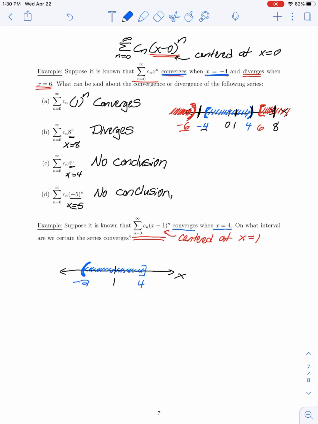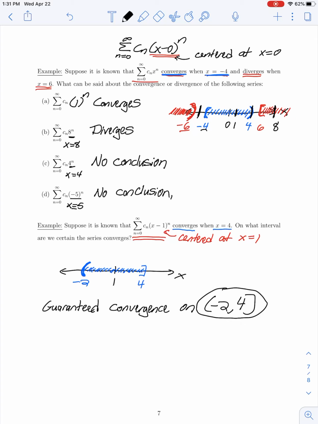So it may be included, it may not be included, but I am guaranteed convergence on the open interval from -2 to +4, with 4 being included. So here we can say that we are guaranteed convergence on the interval -2 to +4, with 4 being included.